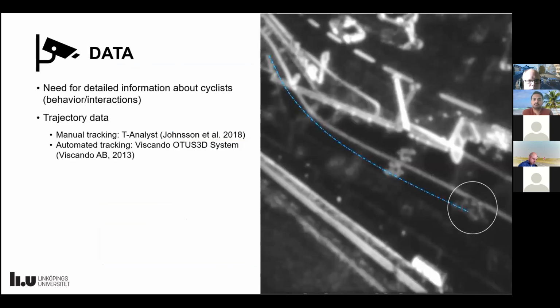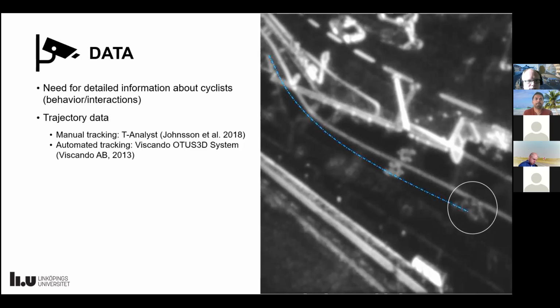For this, we need data, and again, here we are focusing on video-based data, either from drones with manual tracking from this software T-Analyst. We also tested some of the commercial versions, and we also looked into data from these Viscando systems that I talked about for rural roads.